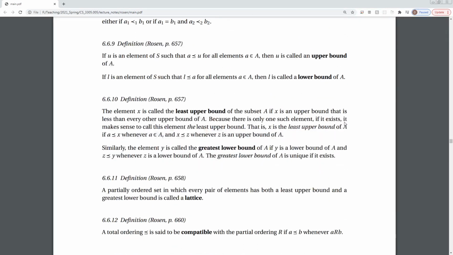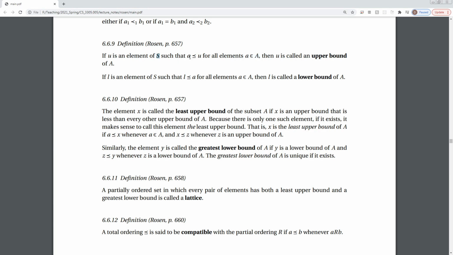Okay. All right, so the next definition is on upper and lower bounds. So if U is some element of S such that all elements of S precede U, right? Yeah, this is garbage. It's saying it right, but this should also be the set A. I don't know why I left it as the set S, but these are the same set.